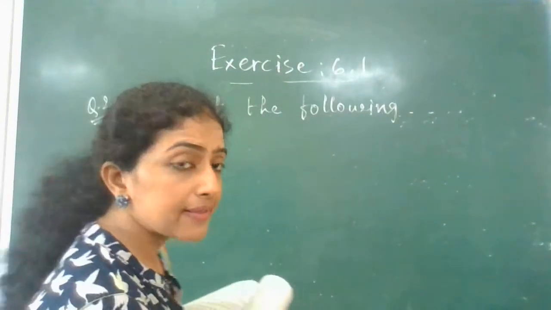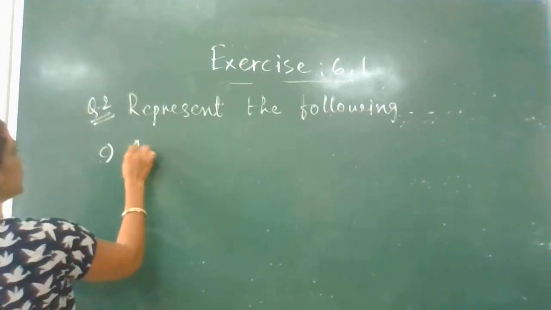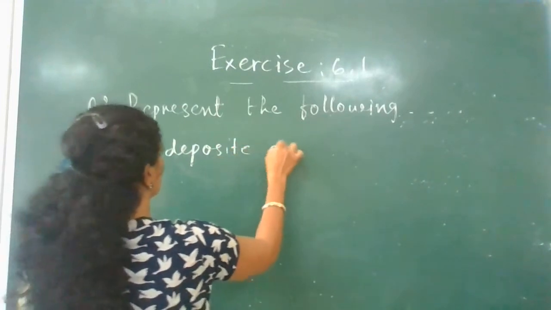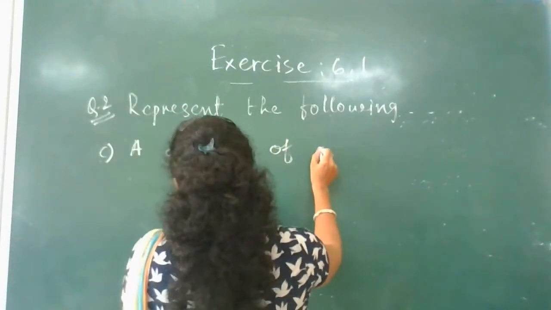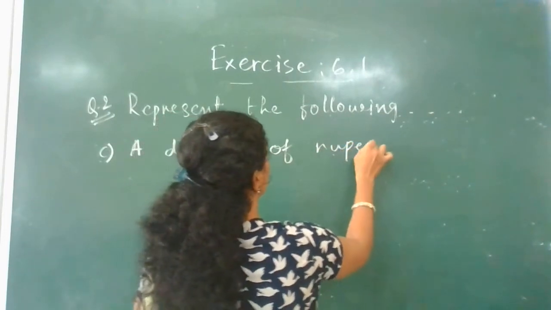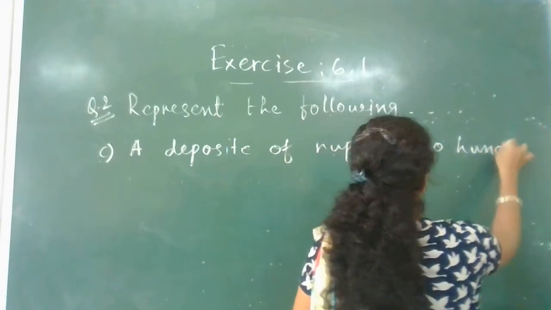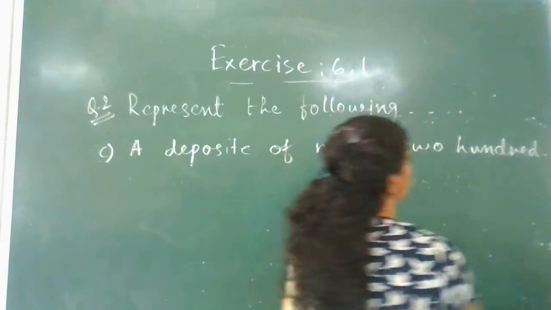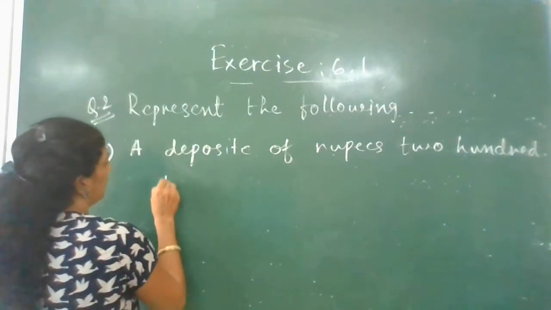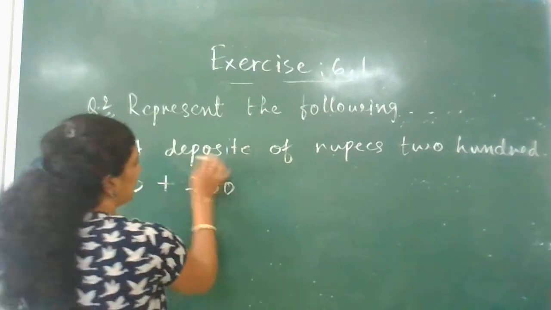The C is a deposit of rupees 200. Deposit means plus 200 rupees.